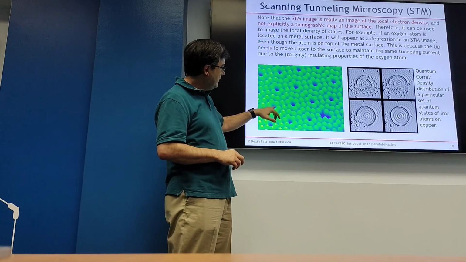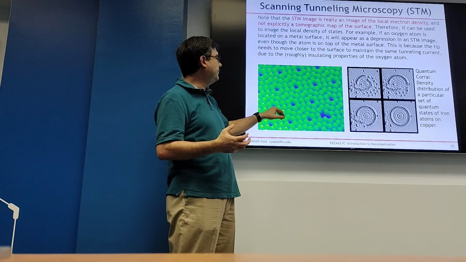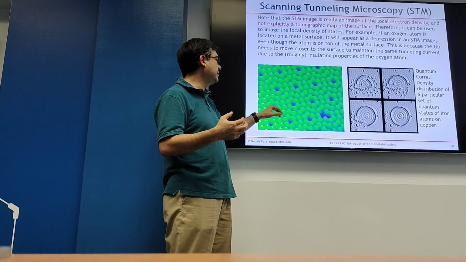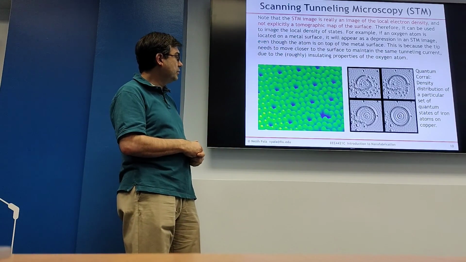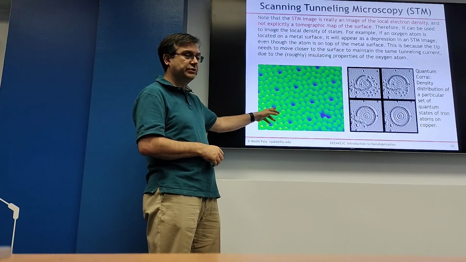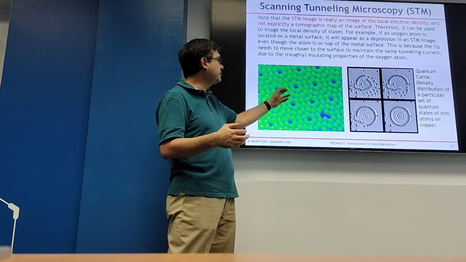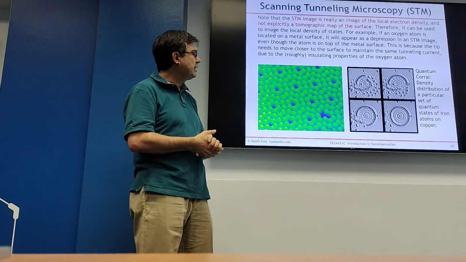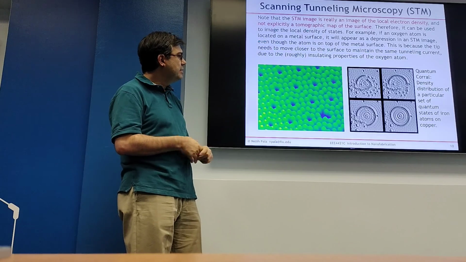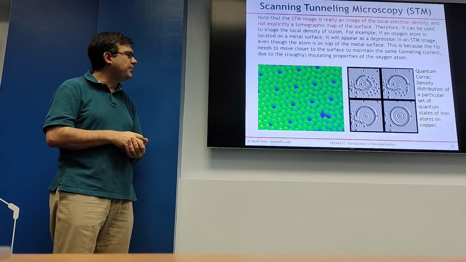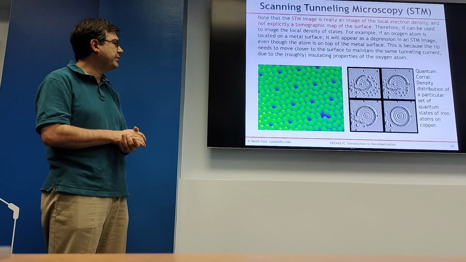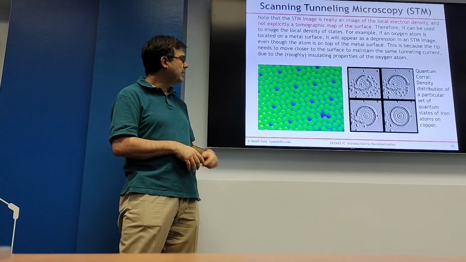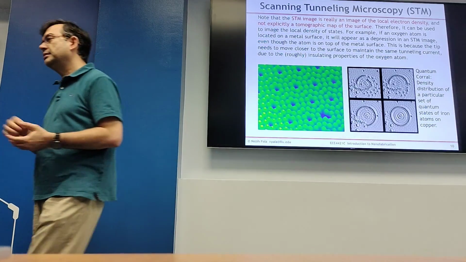So you see it as if there is a hole here, although there's an atom here. This is an oxygen atom or another atom on the surface with different conductivity or electronegativity. That may result in some false imaging, false information, but if you know about that, it's not a big problem. You can resolve atoms, okay?